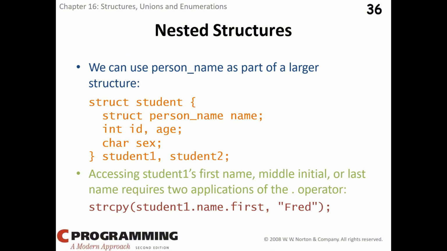And to access the members of the person name structure within the student structure, we use the dot operator twice. So for example, to assign a first name to student1, we write the code at the bottom of our slide here, a string copy of student1.name.first and the name. Here, student1.name.first refers to the first member of the name structure within student1.